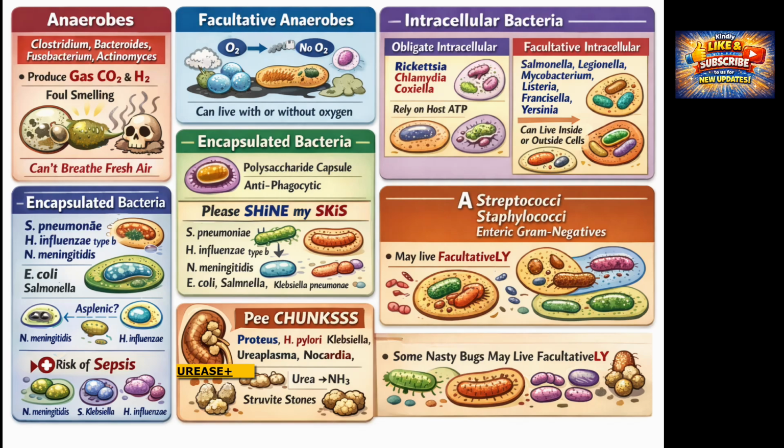Their fermentative metabolism also generates gases such as carbon dioxide and hydrogen, leading to gas formation in tissues, which may be seen on imaging as gas bubbles in necrotic infections, abscesses, or clostridial myonecrosis. Anaerobes are notoriously difficult to culture because they require specialized oxygen-free conditions, a detail often tested when blood cultures remain negative despite clear clinical infection.